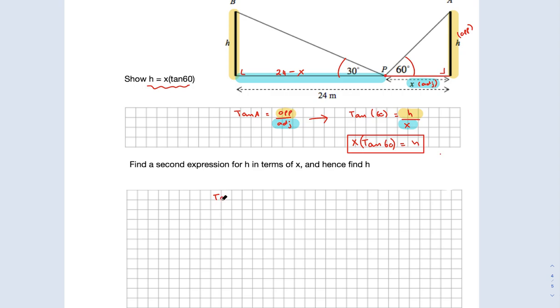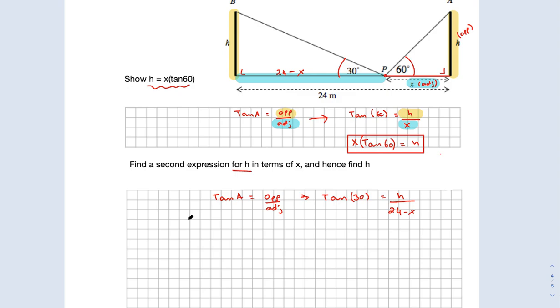Once again, I start by writing tan of the angle is equal to opposite over adjacent. I know the angle is 30, so tan of 30 is equal to opposite, which is h, all over adjacent, which is 24 minus x. I want to get h on its own, since it said find an expression for h.